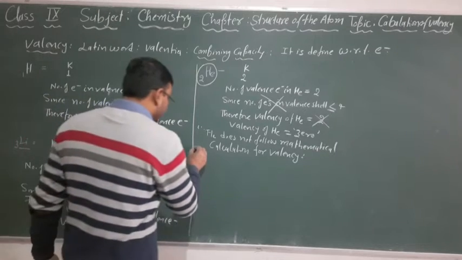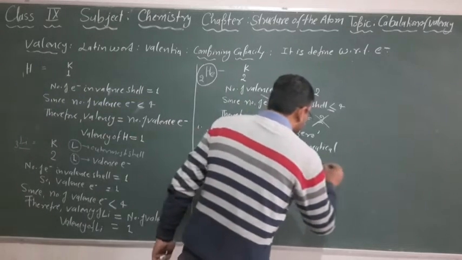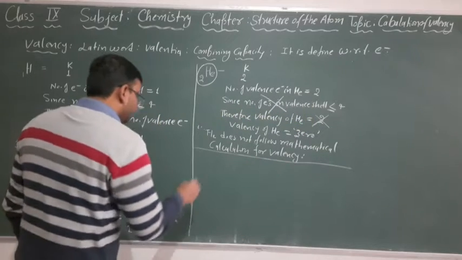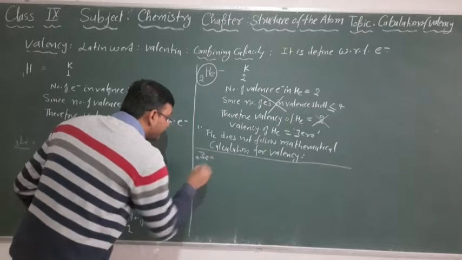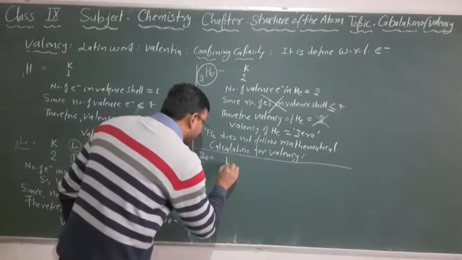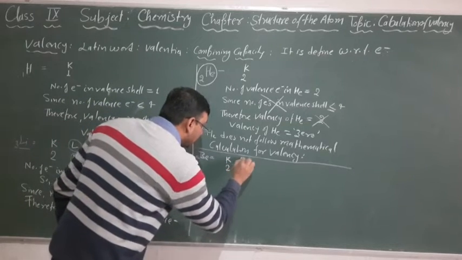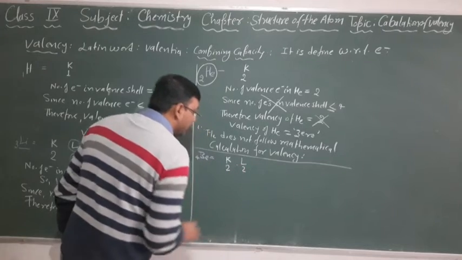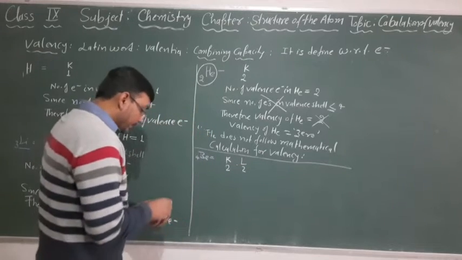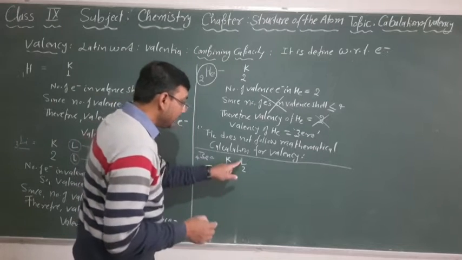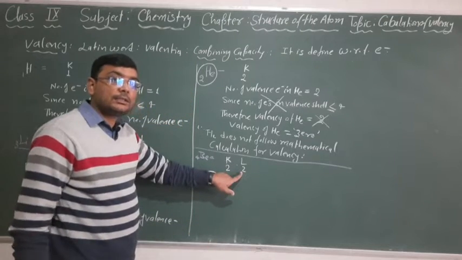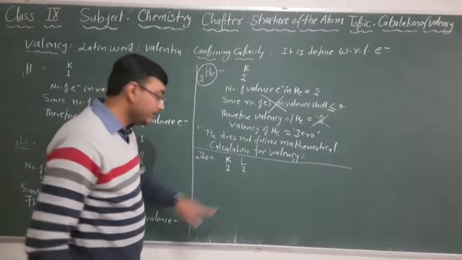Now another case, beryllium. So K cell 2 electrons, L cell 2 electrons. Now here the outermost cell is the L cell. The number of valence electrons in the outermost cell is 2.